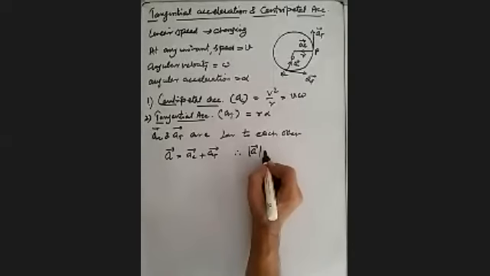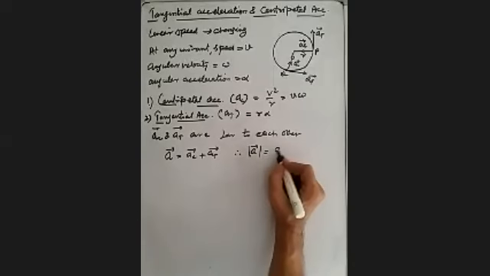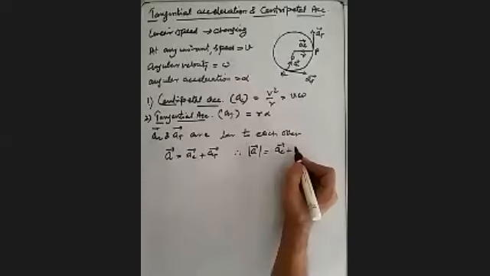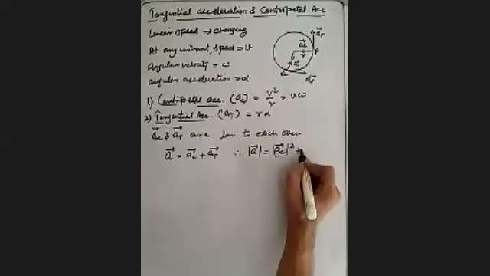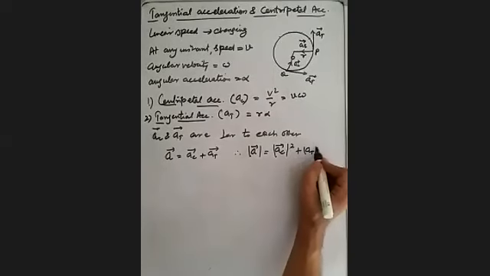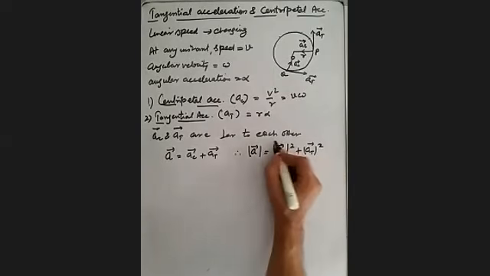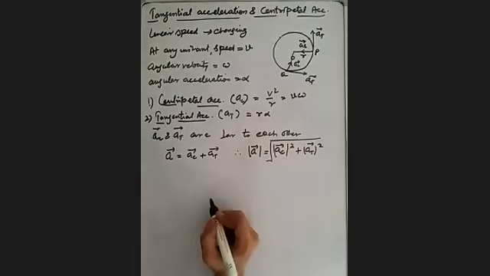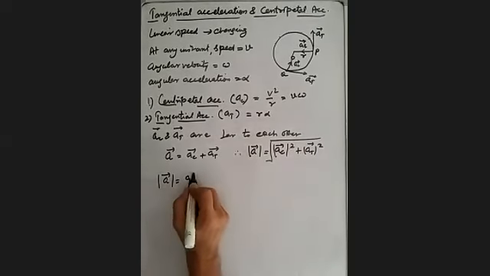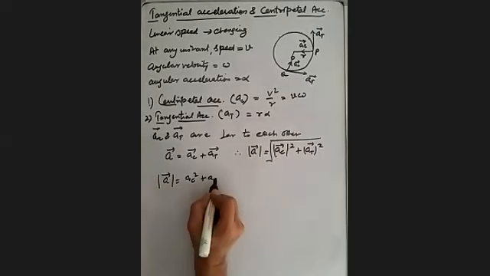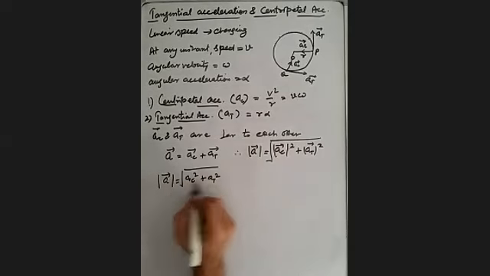So the magnitude of A vector is given by the square root of AC squared plus AT squared.